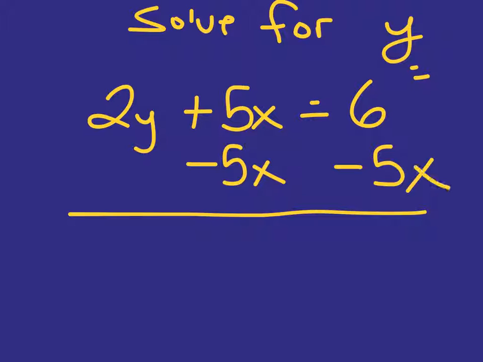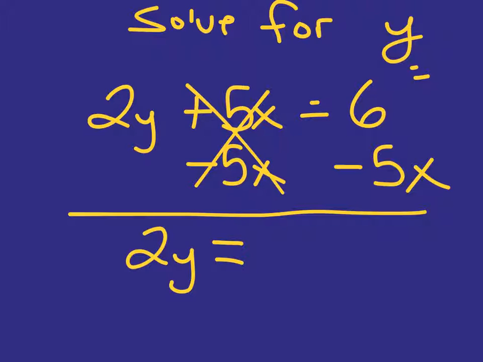Keep in mind that when you do this, you cannot combine terms that are not the same. So 6 doesn't have an x, so you can't do 6 minus 5x. Over on this side, 5x minus 5x is equal to 0, so that leaves me with 2y on this side. And then we have 6 minus 5x.